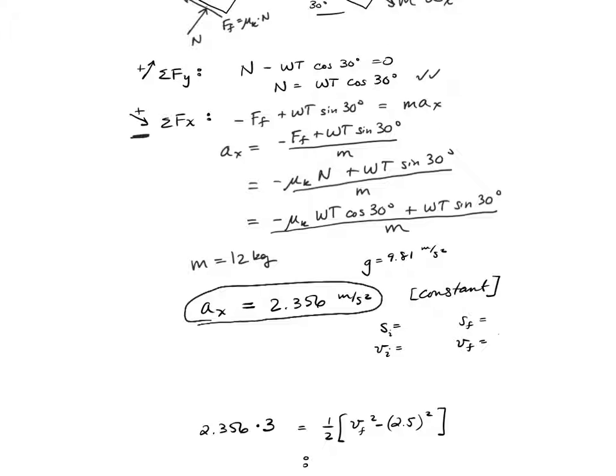And so what we're asked for is the velocity down there at the bottom of the ramp. So if we put position equal to 0 at the top, and we know that the ramp is 3 meters long, the initial velocity we're told is 2.5.